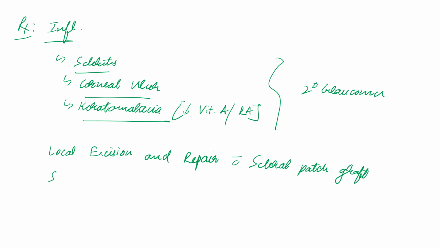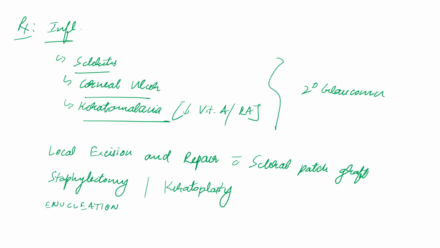We can also do staphylectomy or keratoplasty, and if it is a large unsightly blind eye, we can do enucleation and put an implant. Now let us discuss about the tumors of sclera.